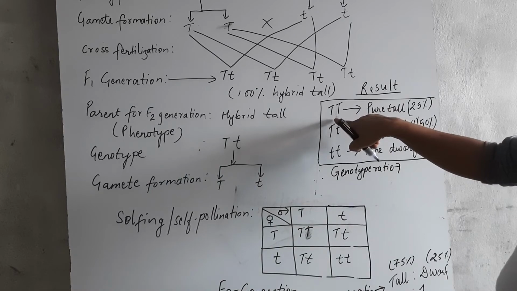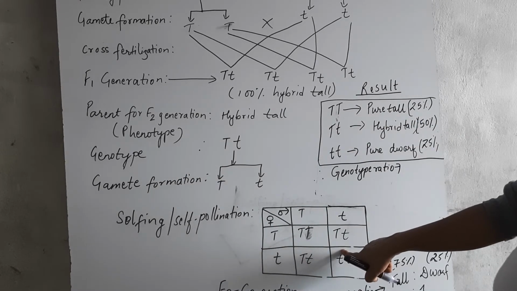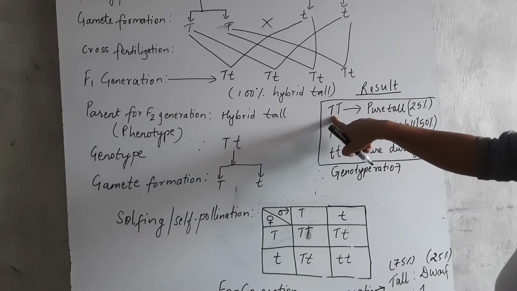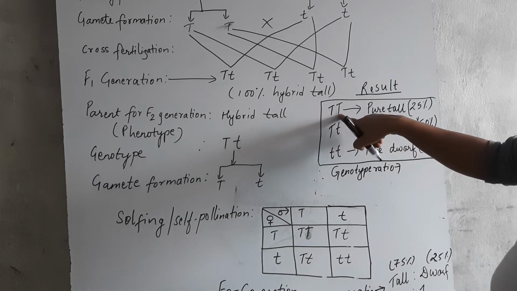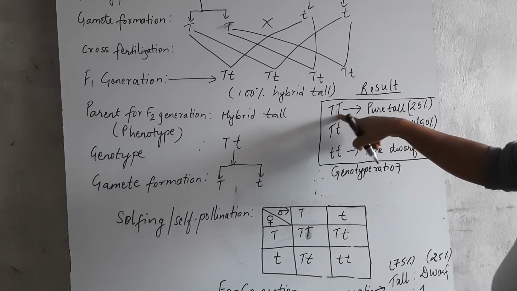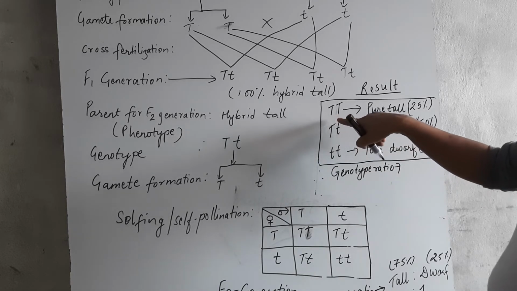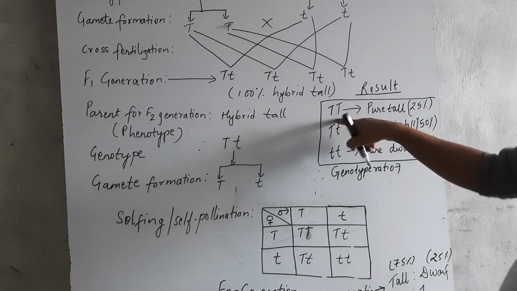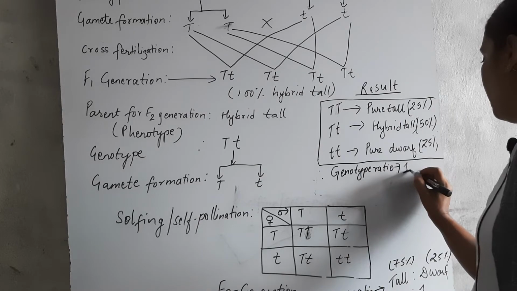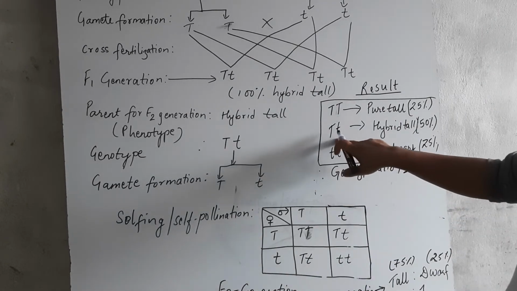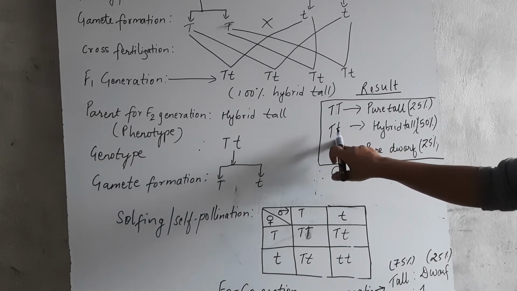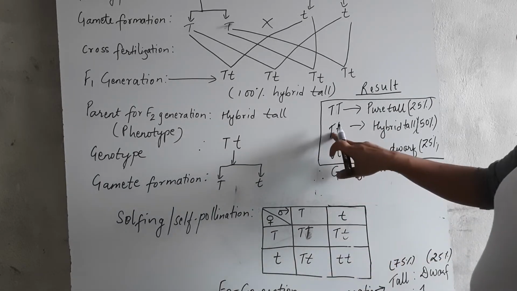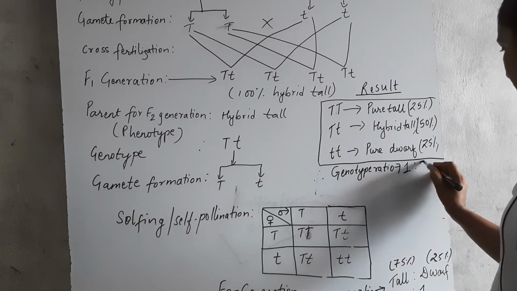For example, the offsprings produced in the F2 generation with this kind of gene, that is capital T, capital T. Out of 4 organisms, the organisms having this kind of pure tall gene are found to be only 1, that's why 1. And the organisms with this kind of gene in F2 generation are found to be 2, so capital T small t are found to be 2, that's why 2.